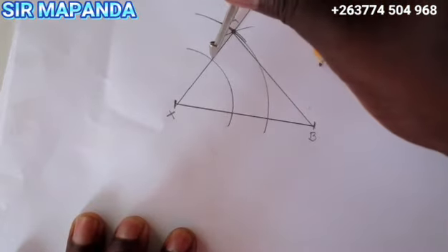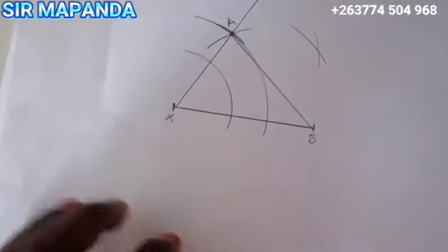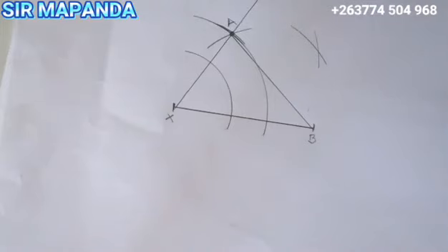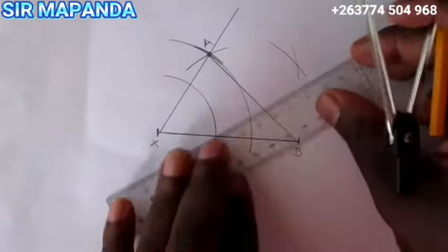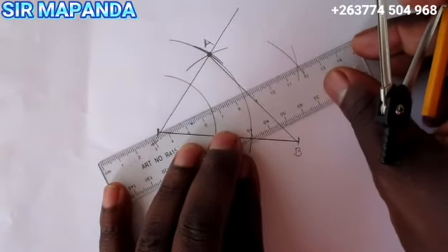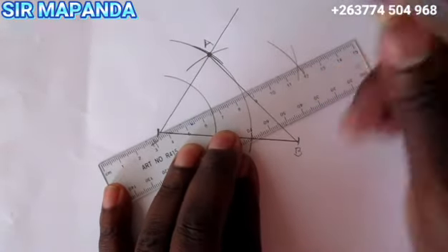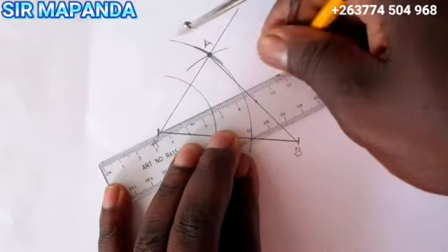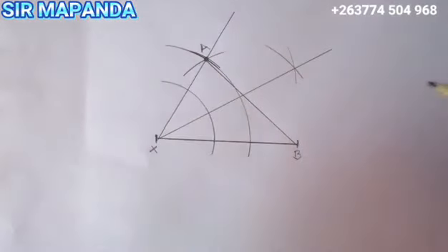Then you draw another what? Another arc there. So you have to take your ruler and your pencil to connect the point of intersection between these 2 arcs and point X. Once you connect like this, you have managed to satisfy your locus. I hope you are listening. Right.